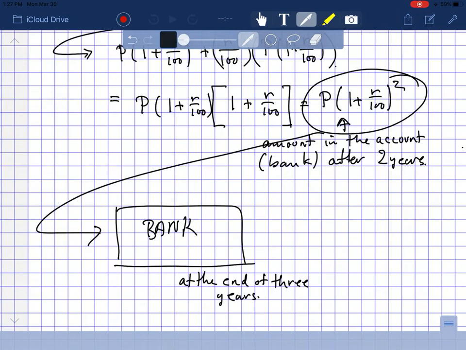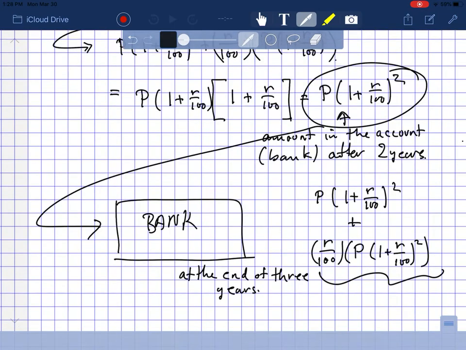Well, it's going to be the amount that went into the bank, which is P times 1 plus R divided by 100 squared, plus the interest earned on that, which is R divided by 100, times P times 1 plus R divided by 100 squared. All right?